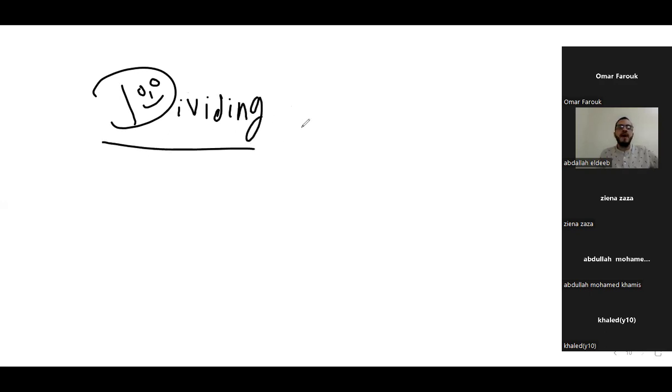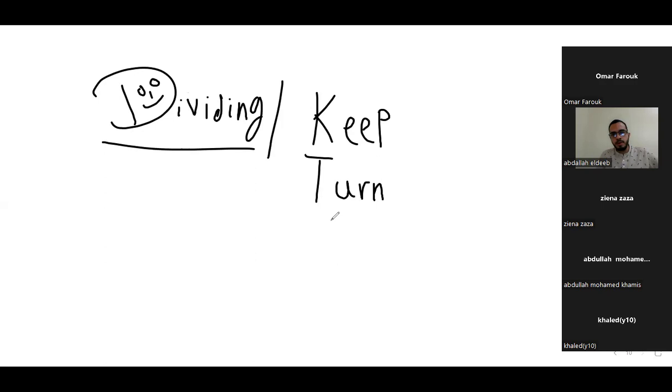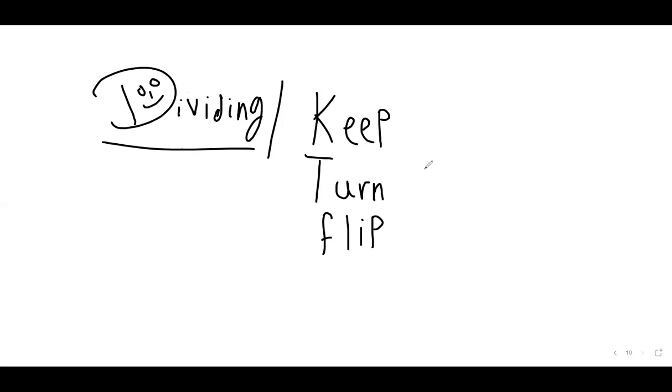Dividing. In dividing, we use a formula: keep, turn, flip. Please write it, because it's not written in the notes.